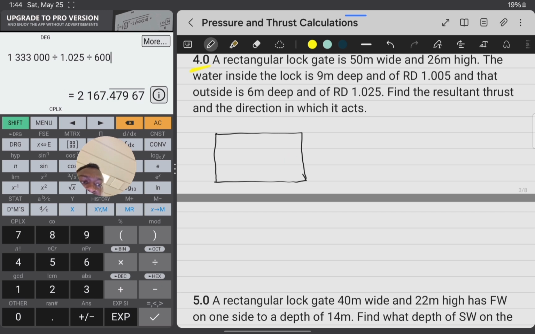So we need to understand this wide, and the height is 26 meters, and there is 50 meters wide. The water inside the lock is 9 meters deep. I'm just going to mark this to differentiate the inside so we don't mix things up. So the inside is this. The water inside is 9 meters deep.